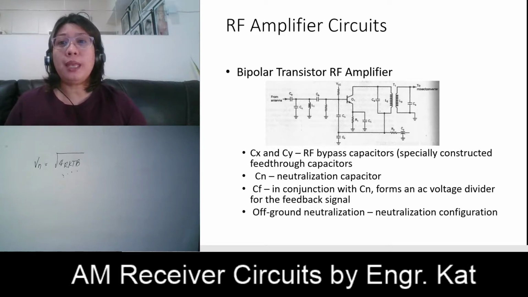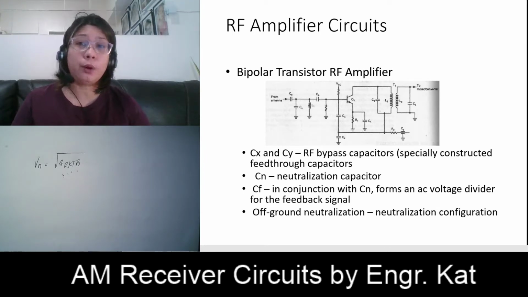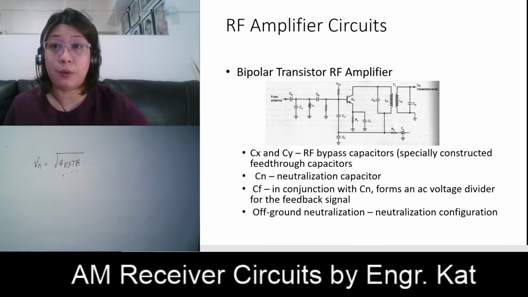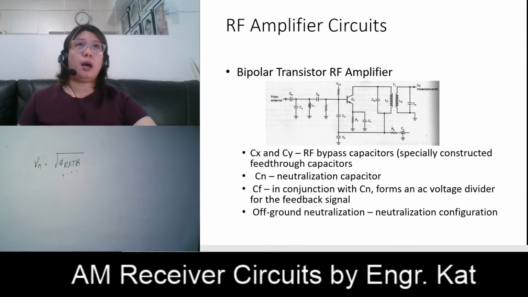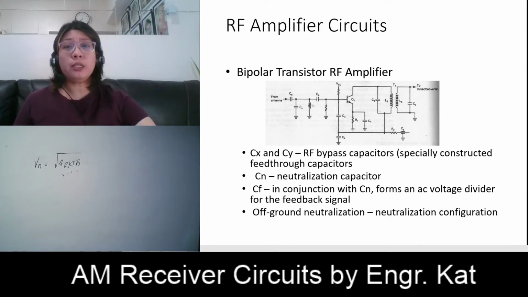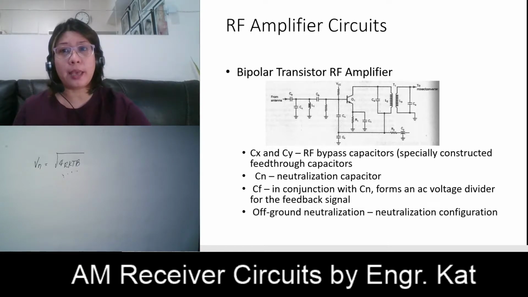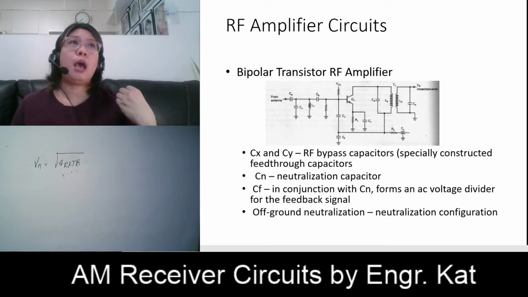We can also have this same design but with a slightly lower frequency, and that is already considered an IF amplifier. So RF considerations may also be applied to IF amplifiers, which we will discuss later. Those are neutralization, filtering, and coupling.